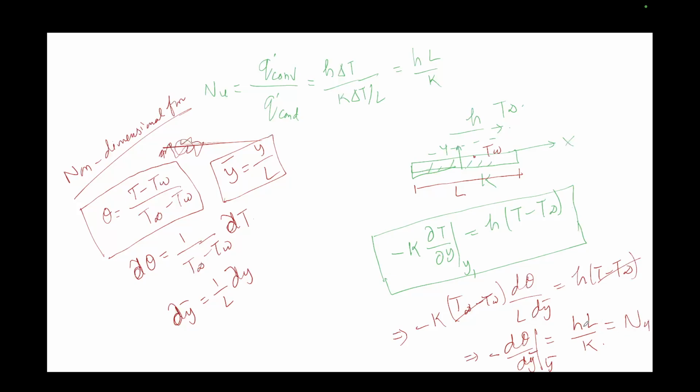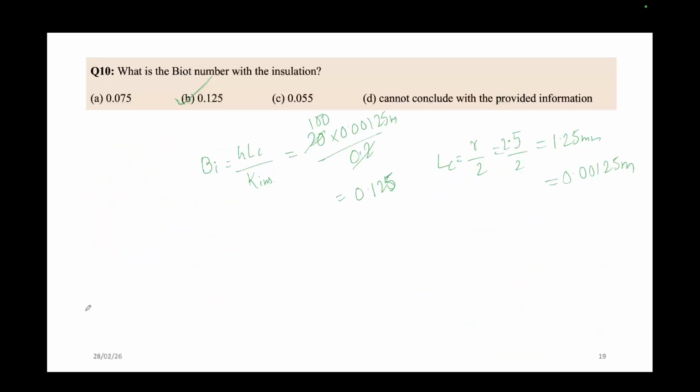So in other terms, the Nusselt number is the non-dimensional temperature gradient, nothing else. That is why I have shown this. Any confusion up to this?